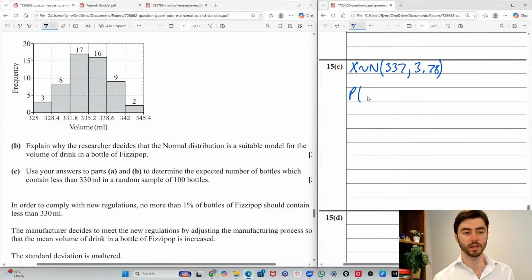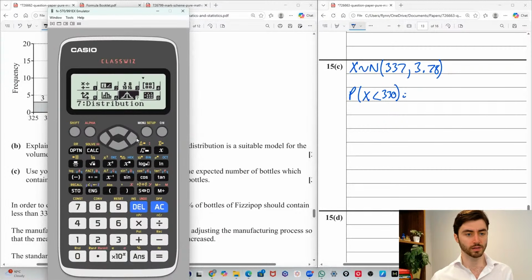So the probability that X is less than 330: going to distribution, normal CD, lower is minus 9 times 10 to the something big, upper is 330, standard deviation is 3.78, and the mean is 337.